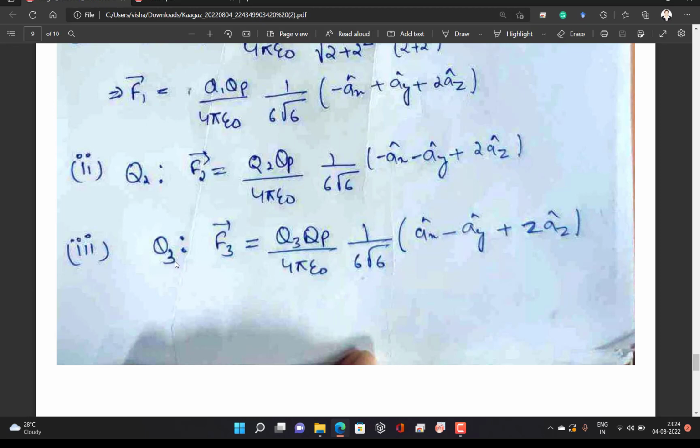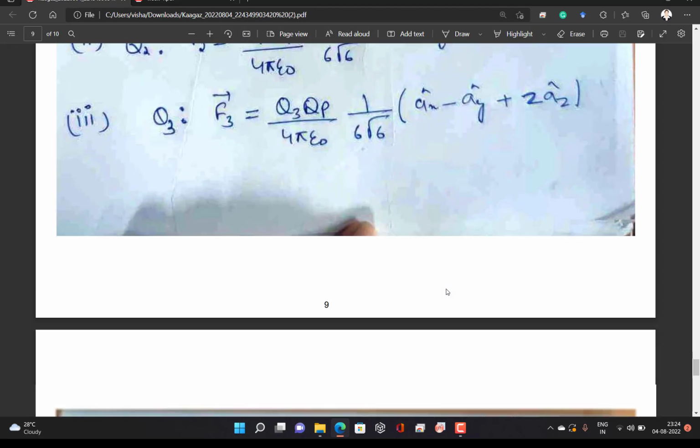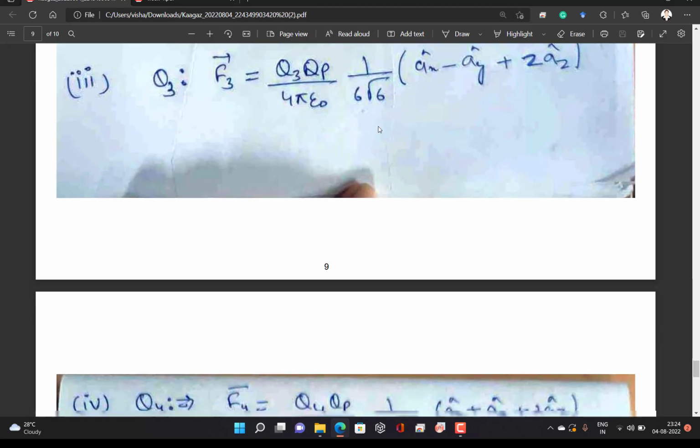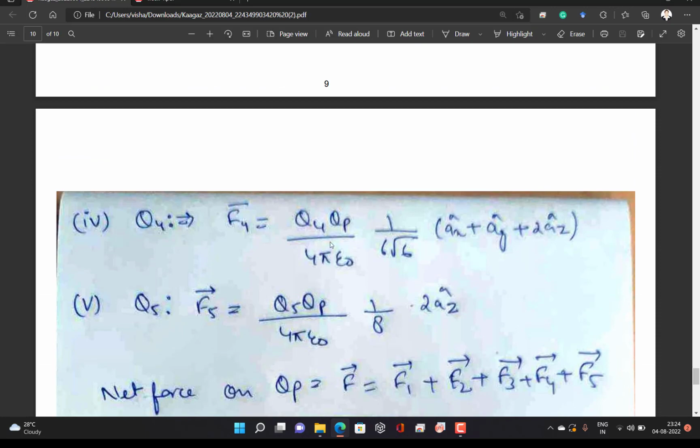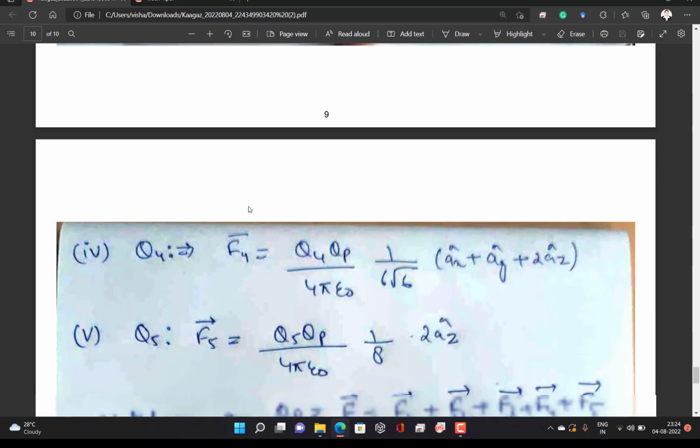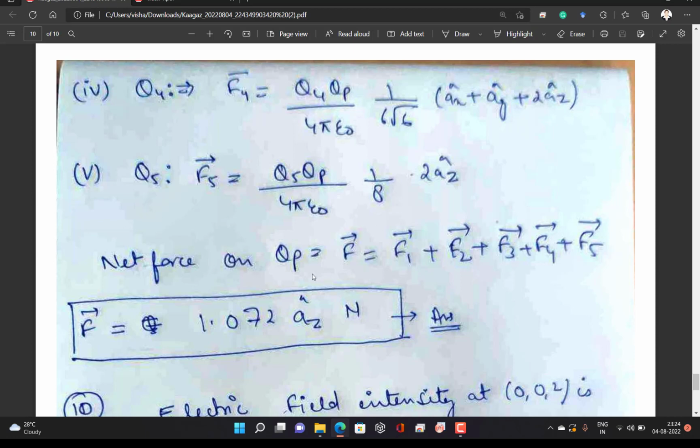Similarly, we find the force due to Q3 on QP, and likewise F3, F4 and F5. The total force on QP due to all of these charges will be F1 plus F2 plus F3 plus F4 plus F5.